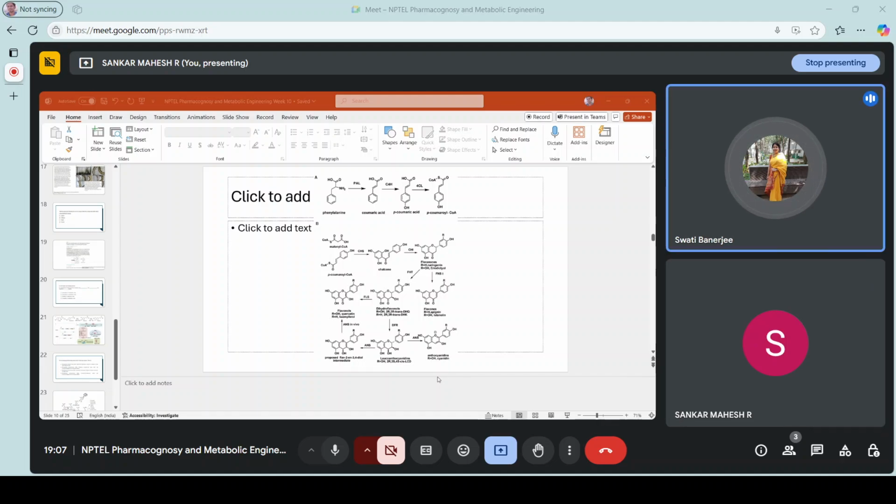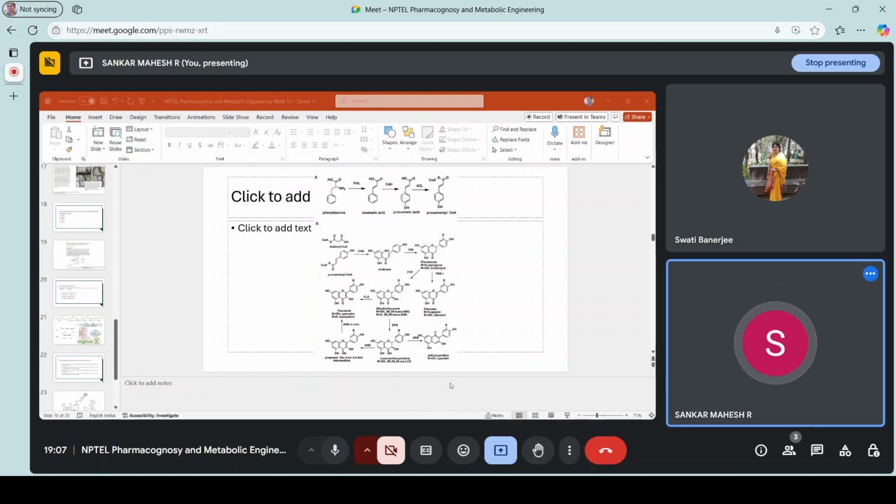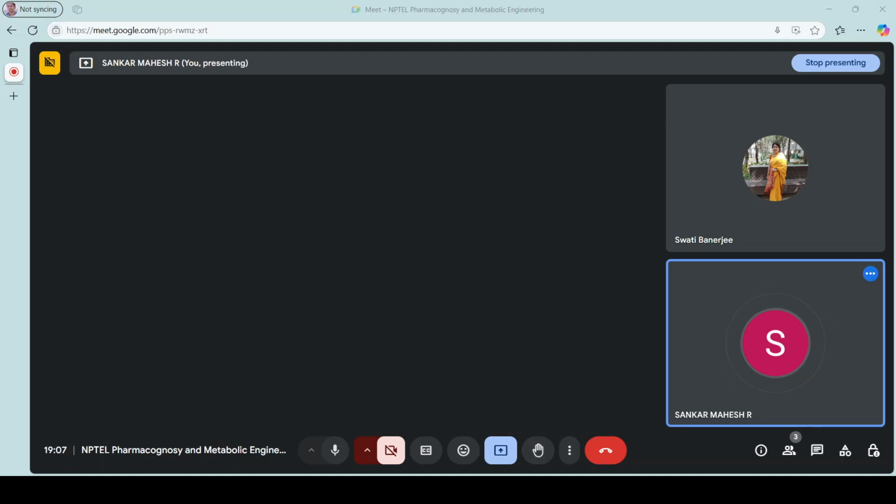Then what is the question? Can you show once? Yeah. So the question is, how would you convert p-coumaric acid into ferulic acid? For the formation of ferulic acid from p-coumaric acid, dash and dash are required at the dash position. I was showing you the structure of p-coumaric acid.